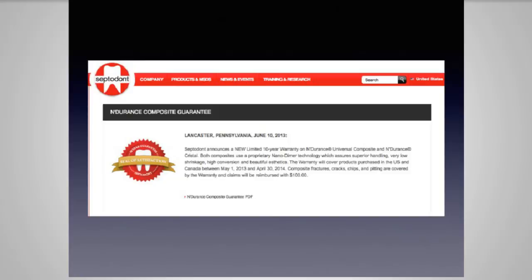That's something that no other company is really doing at this point in time, and Septodont has really stepped up to the plate, not only in bringing together a great science with the fillers and the monomers, but also the high conversion factor with its composites and the low water absorption. So it's really very, very good.